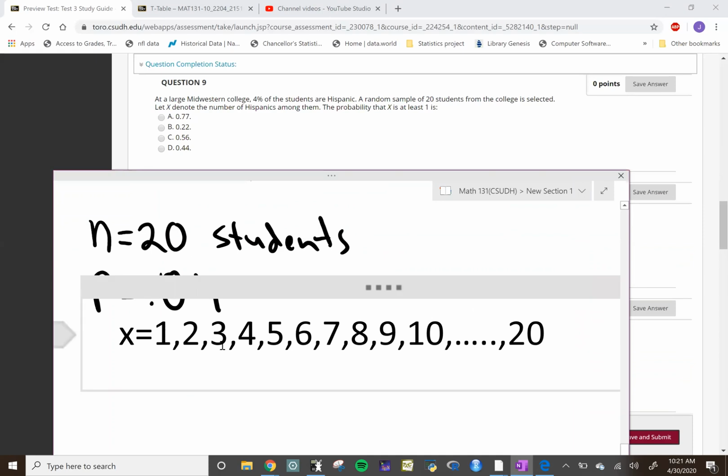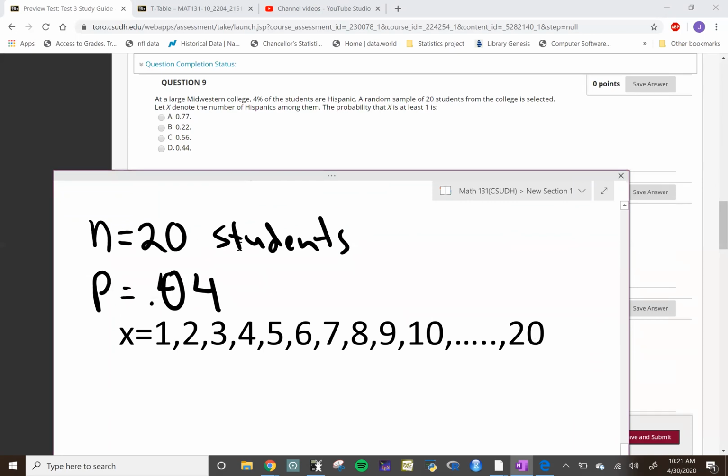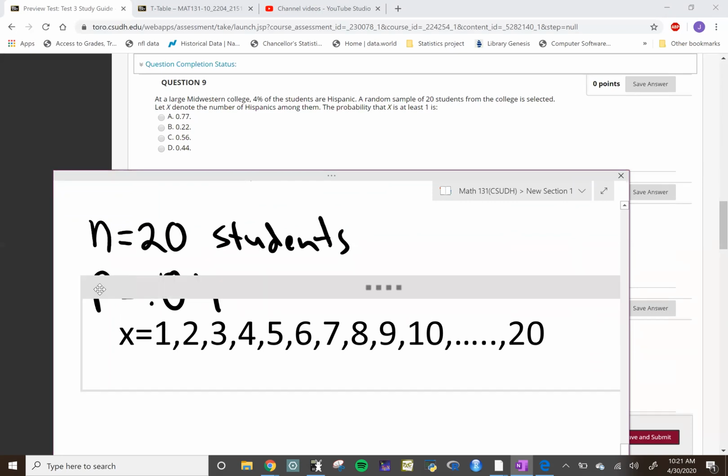So that's my X value. I want it to be all the way from 1 to 20. So I know n is equal to 20 students, I know P is equal to 0.04, and this is my X value.